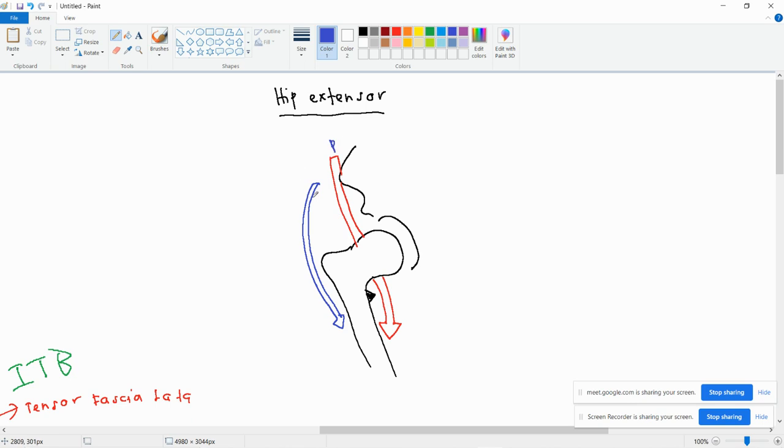If a muscle crosses your hip joint anteriorly, it is responsible for flexion. If these muscles cross your hip joint posteriorly, at the posterior side, then these muscles will perform which movement? Extension, class. Okay, extension.